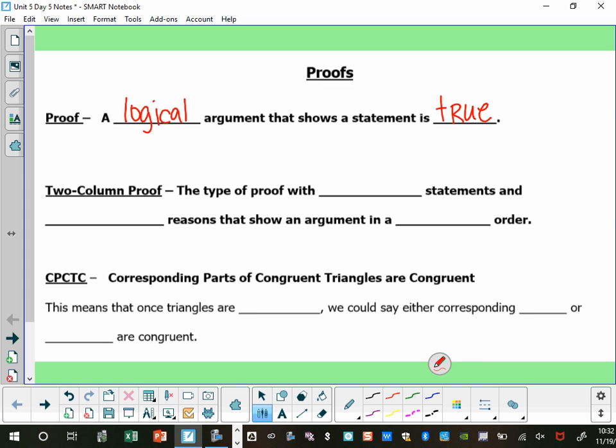A two-column proof is the type of proof with numbered statements and corresponding reasons that show an argument in a logical order. That's important. It doesn't have to be in a certain order every single time, but it needs to be kind of flowy. Your proofs need to flow.